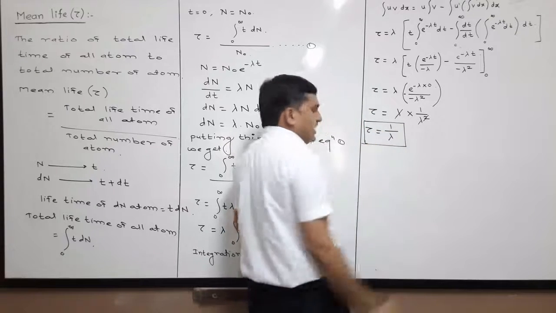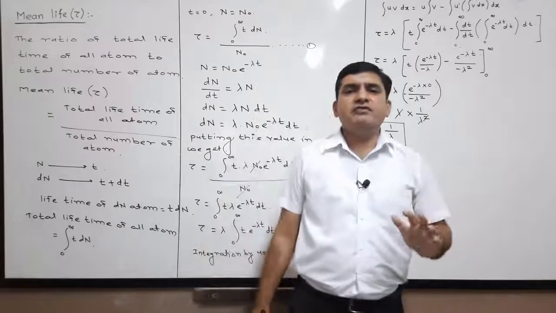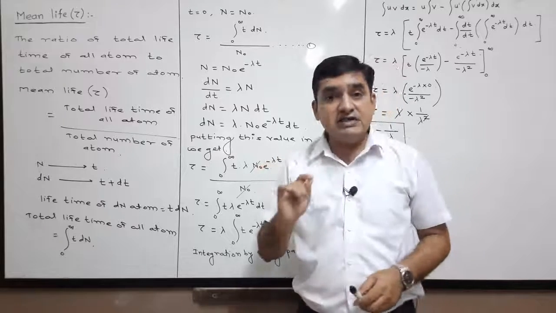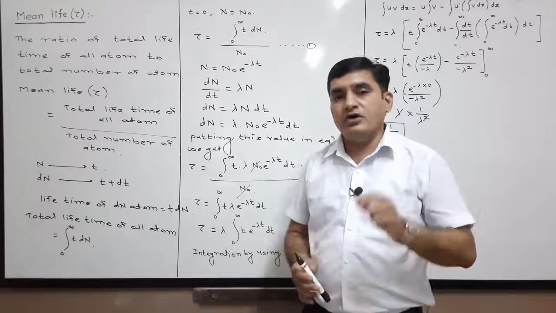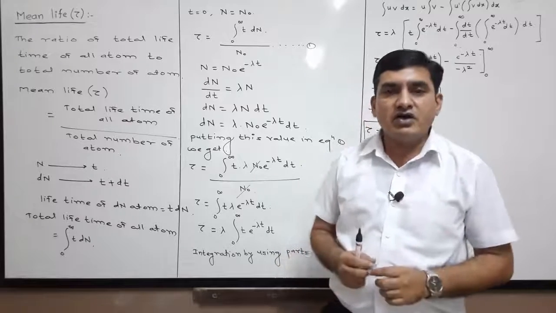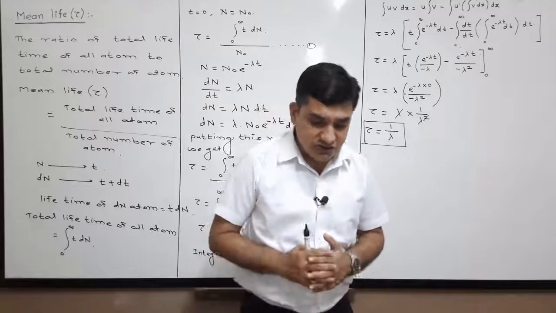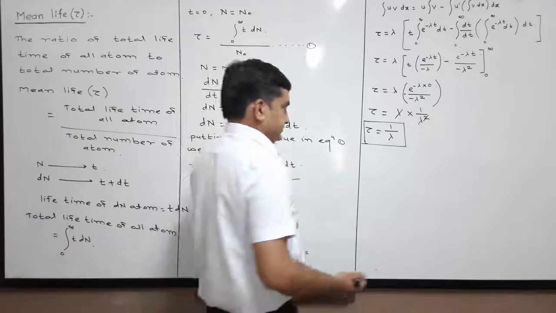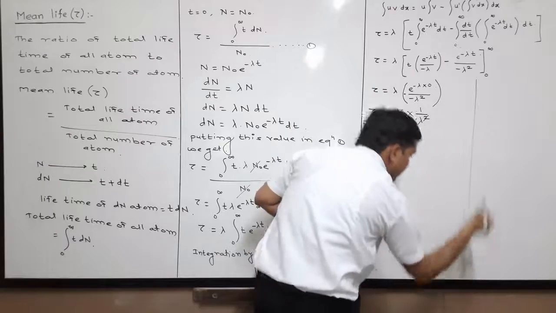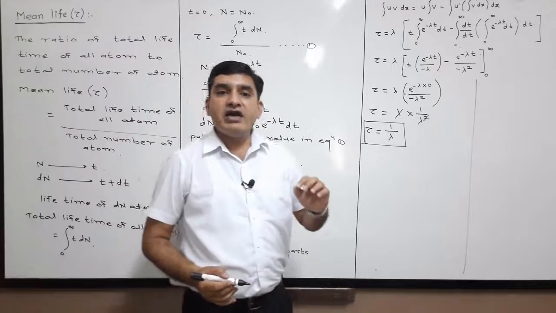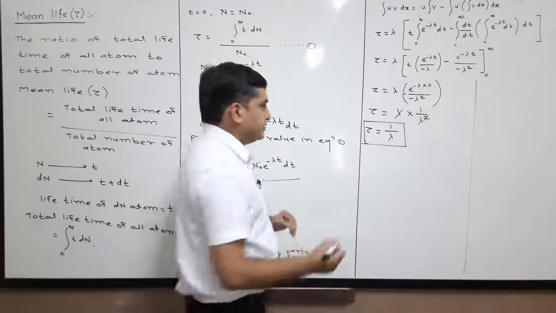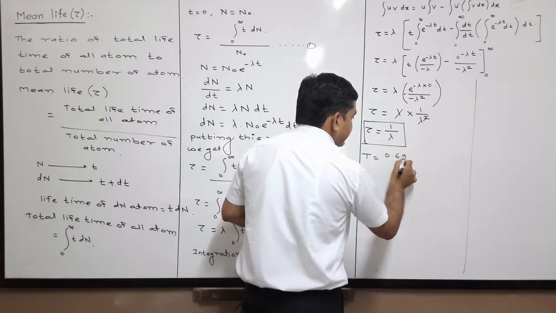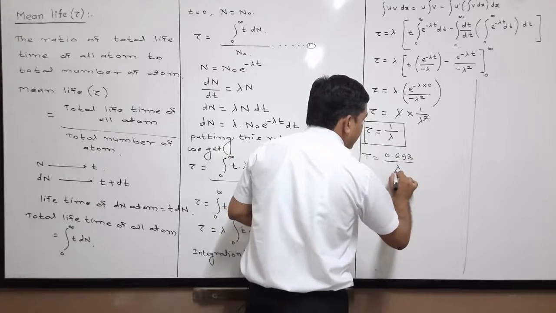This indicates that the mean life of a radioactive substance is the reciprocal of the decay constant or disintegration constant. Now we know that the half life of a radioactive substance is t is equal to 0.693 divided by lambda.